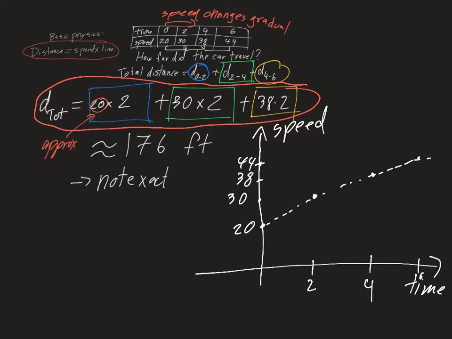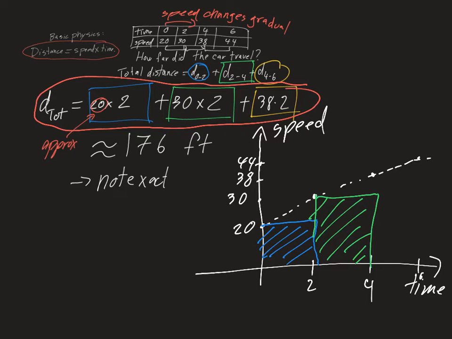And you'll note that 20 times 2, which we did in blue, is actually exactly the area of this rectangle right here. And 30 times 2 is precisely the area of this green rectangle right here.